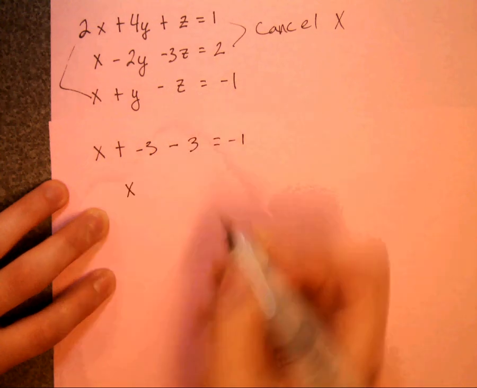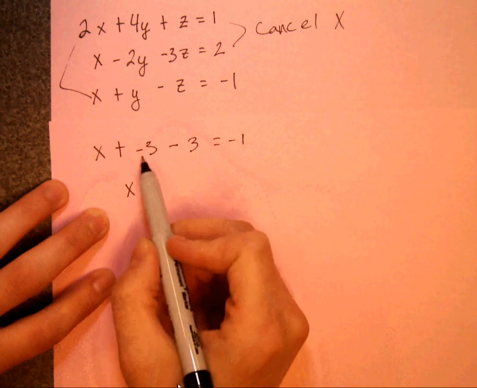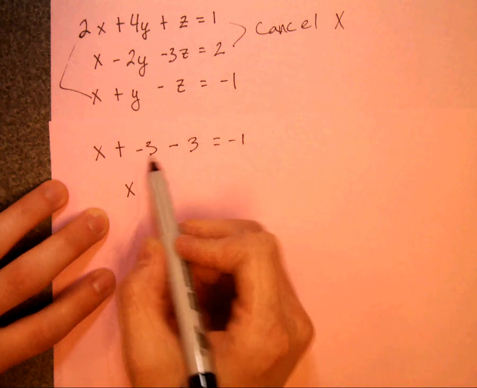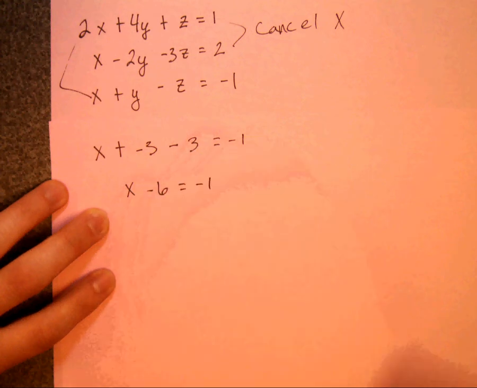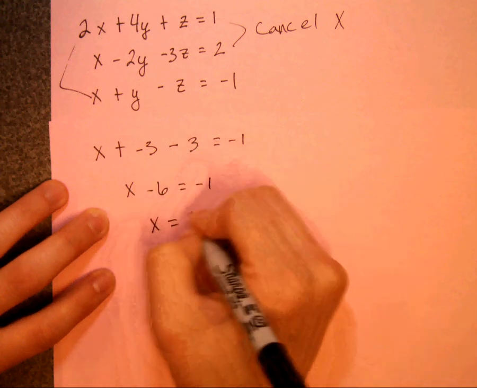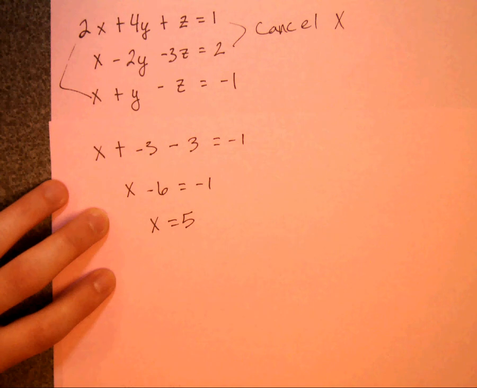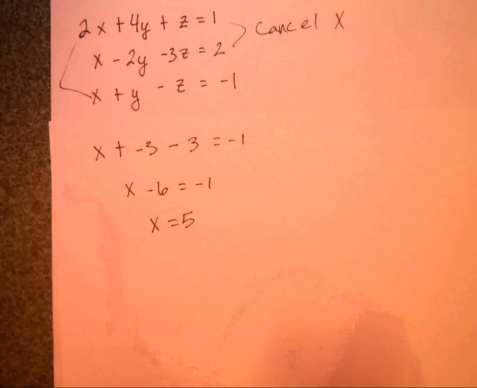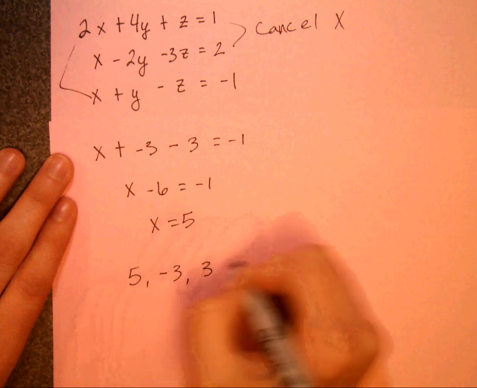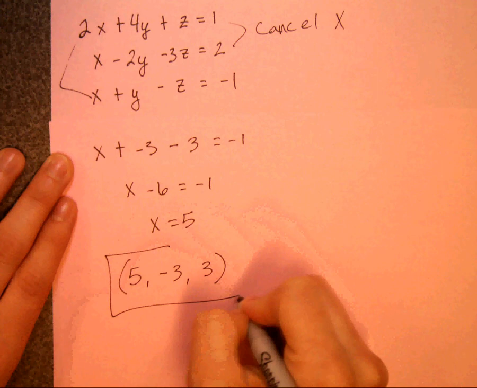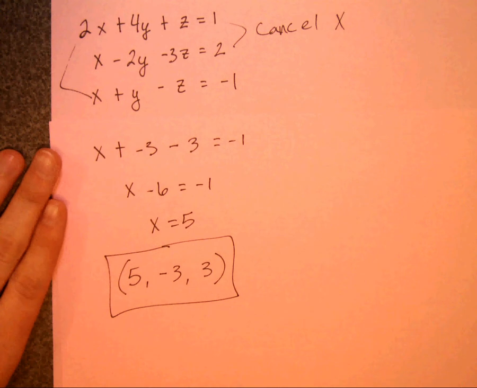So I have x, a positive and a negative just make negative, so negative 3 minus 3 gives me negative 6. Add 6 to both sides, and I get x is equal to 5. Right? So our final solution, if we want to write it as a coordinate, is 5, negative 3, positive 3. That's my x, that's my y, and that's my z.